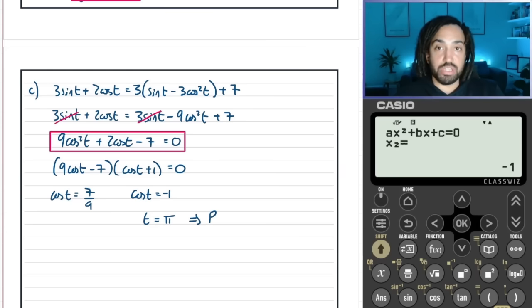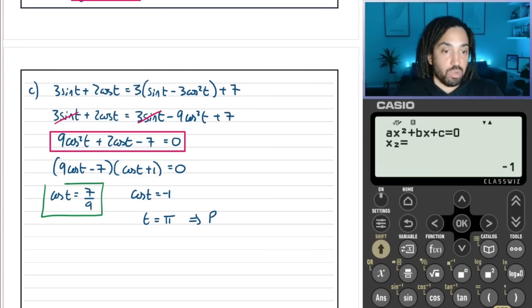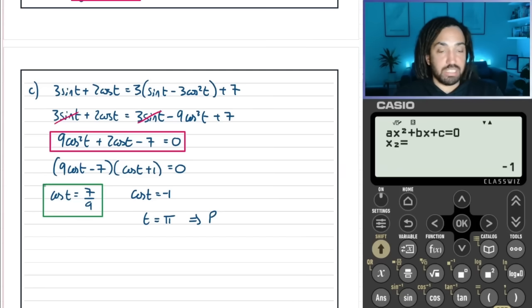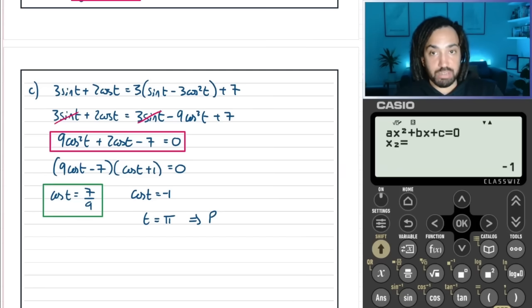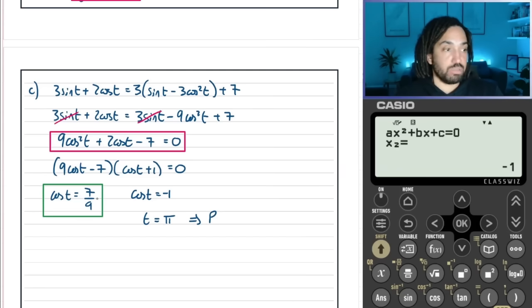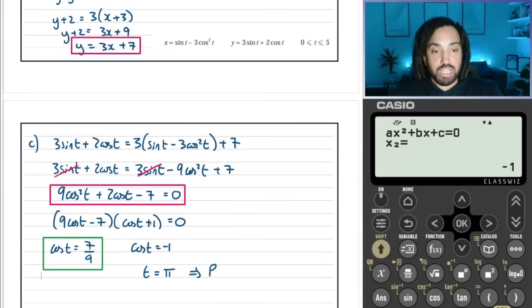So this is good. Now, I'm not going to go ahead and find t, because that is not going to be an exact value. That would definitely be a very irrational number. So I need to use the fact that I know what cos t is, and then I need to find the y coordinate. So the y coordinate is 3 sine t plus 2 cos t. Okay, so I'm going to use a triangle here.